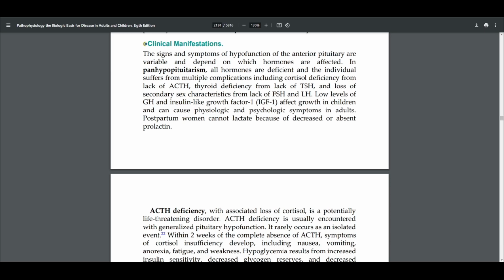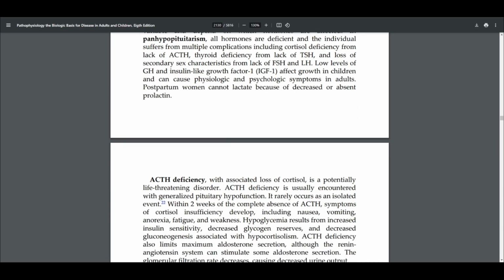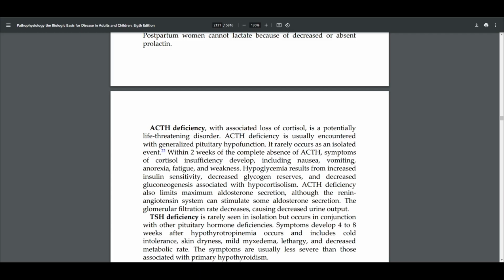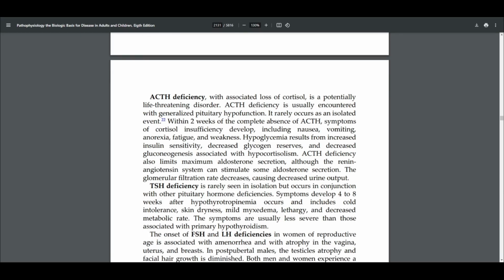Low levels of growth hormone and insulin-like growth factor affect children and can cause physiologic and psychologic symptoms in adults. Postpartum women cannot lactate because of a decrease or absence of prolactin.